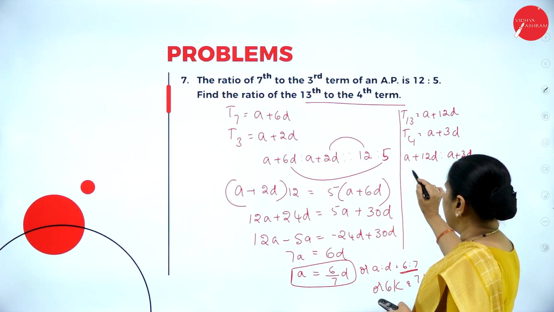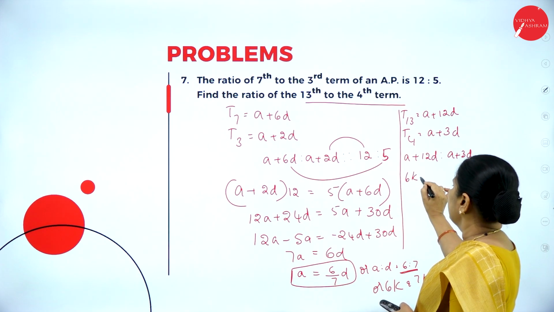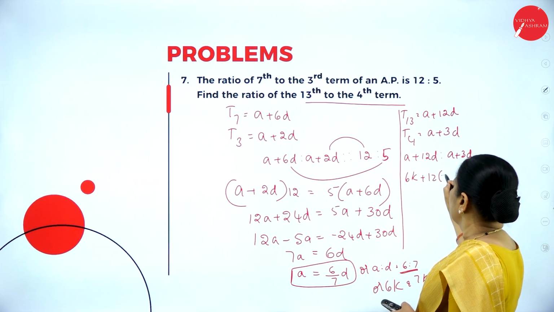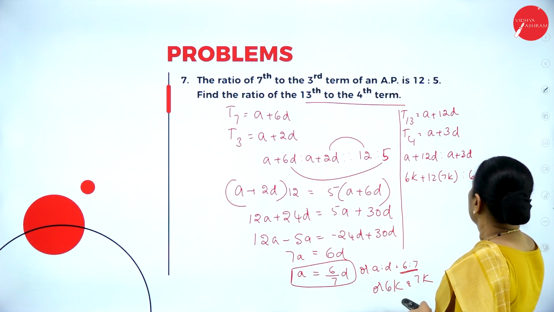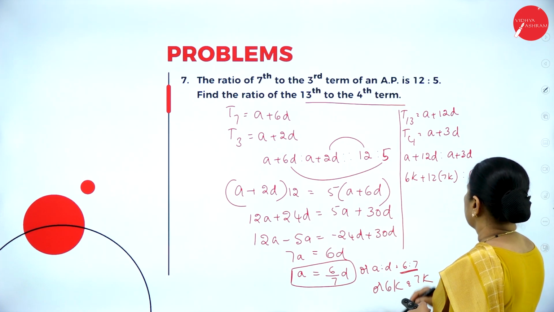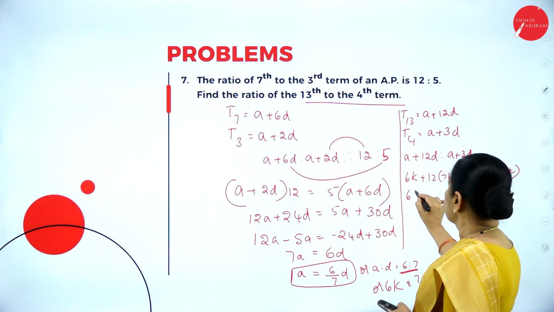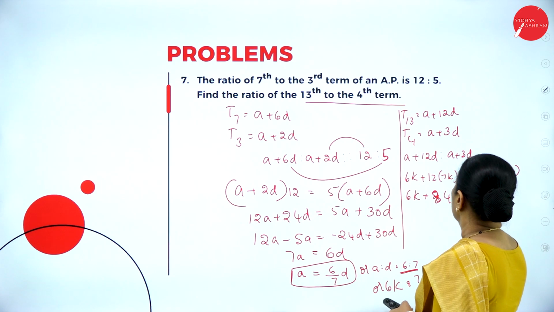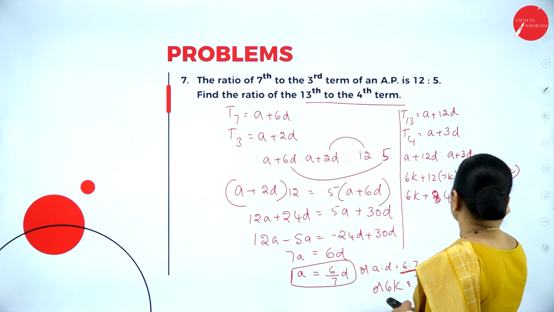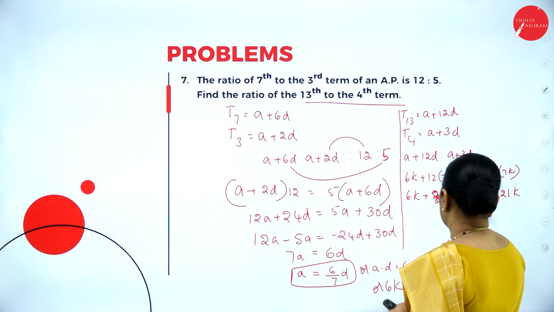So, instead of A, I write it as 6K plus 12 into 7K is to 6K plus 3 into 7K. So, 6K plus 12 sevens are 84K is to 6K plus 21K.